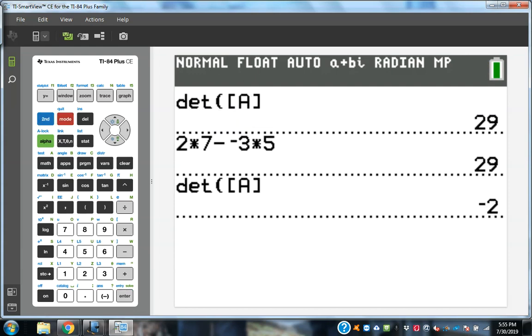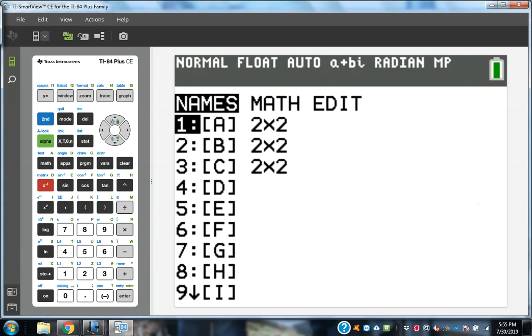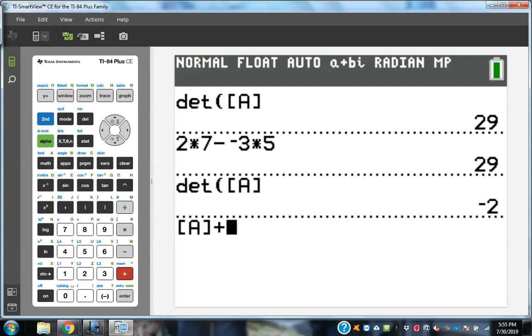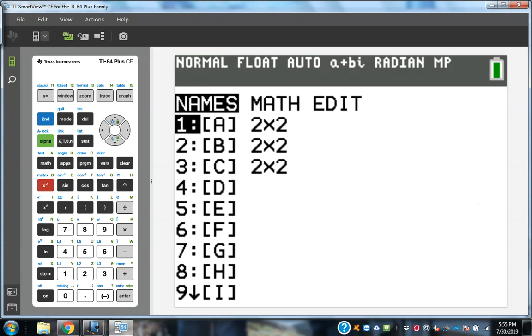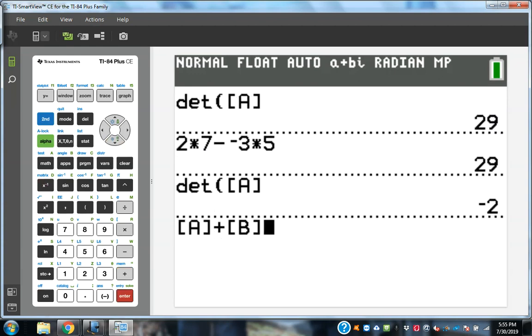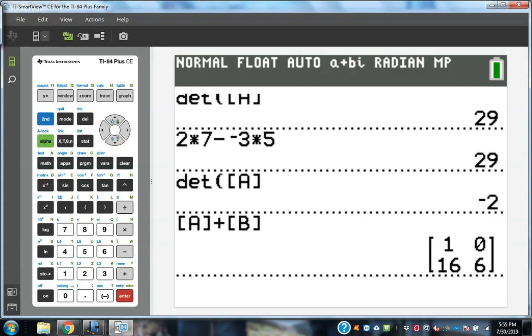So I've put those two matrices into A and B, and now I just need to tell my calculator to add them up. So I would go second matrix, select matrix A, hit the plus sign, second matrix, select matrix B, hit enter. There's the same answer I got without having to type them into the calculator.